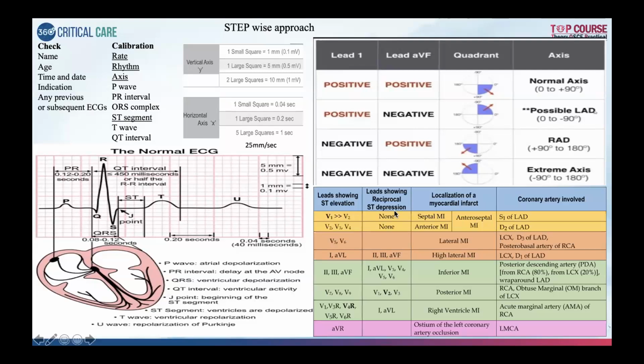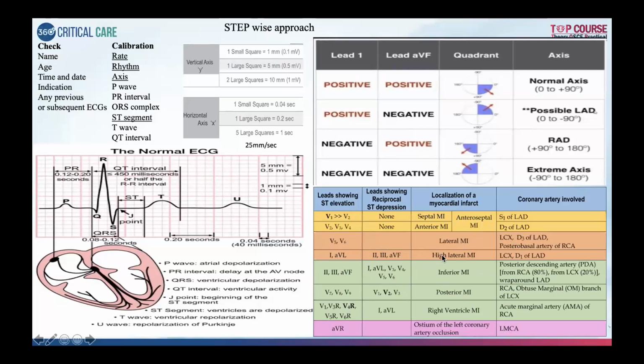When you're dealing with acute coronary syndrome or myocardial infarction, you will have to mention which area is involved. Which leads are involved denotes the area of involvement, and that in turn denotes the arteries involved. If there is ST elevation in AVR, then the left main coronary artery is involved.